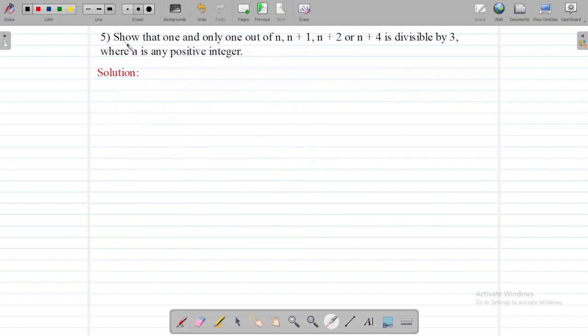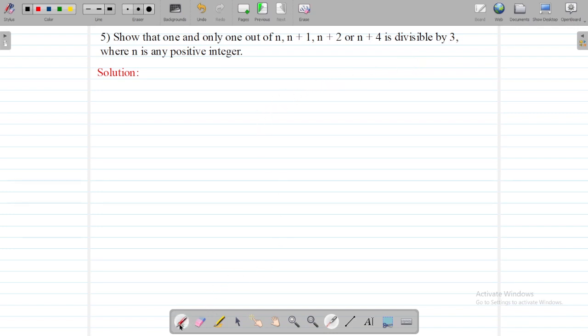Now let us see the next problem, fifth one, and the last problem of this exercise. Show that one and only one out of n, n plus 2 or n plus 4 is divisible by 3.